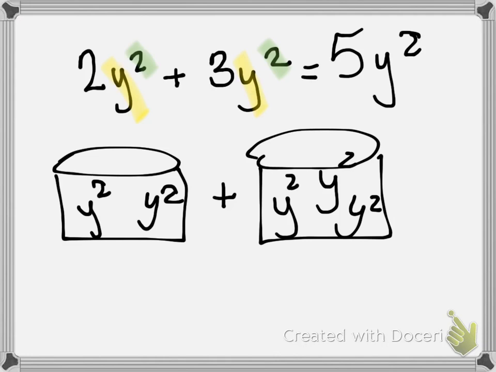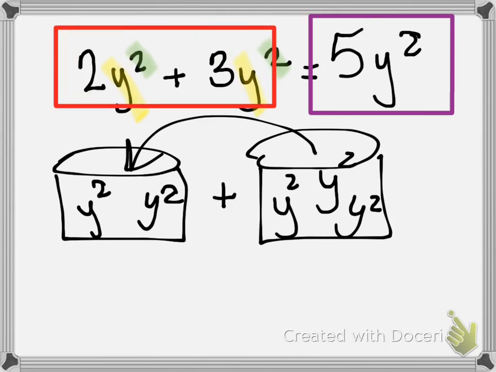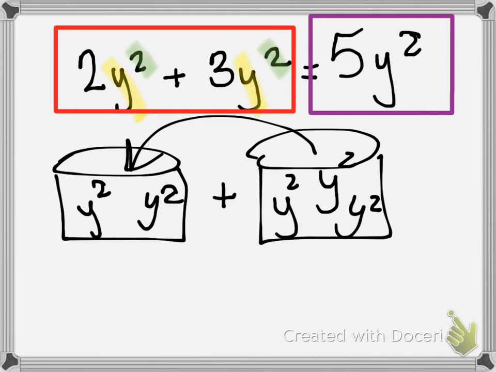So if we take this tub and dump it into this tub, it would be easier for us to express the contents of that one combined tub as, hey, there are 5 y squareds in that bucket. That is a great alternative to expressing the contents of the bucket as we took 2 y squareds and we combined another bucket of 3 y squareds.